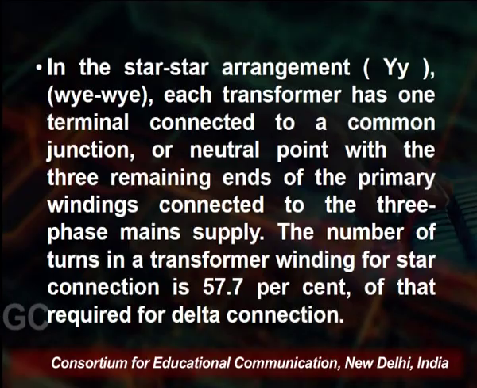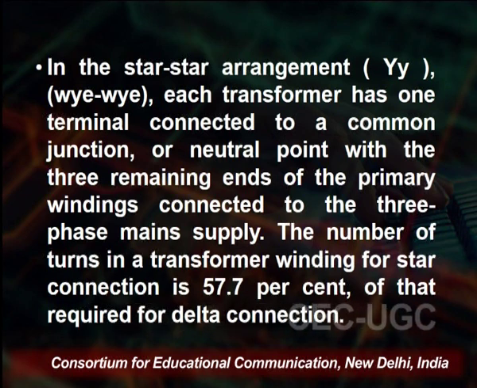Another disadvantage with the delta connection 3-phase transformer is that there is no neutral or common connection. If we talk about the star arrangement, each transformer has one terminal connected to the common junction or the neutral point, with the 3 remaining ends of the primary winding connected to the 3-phase supply.